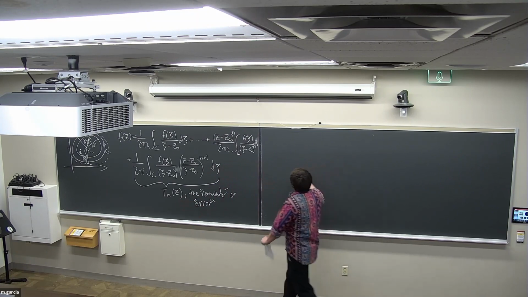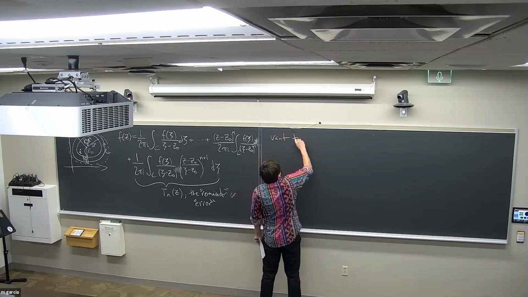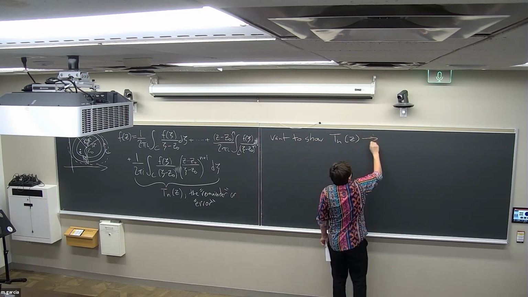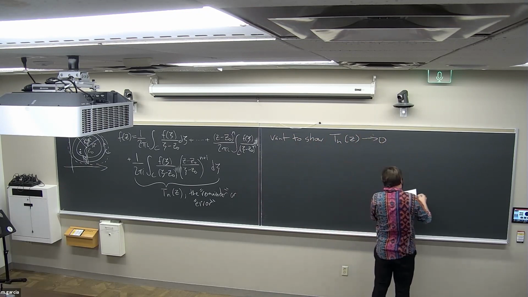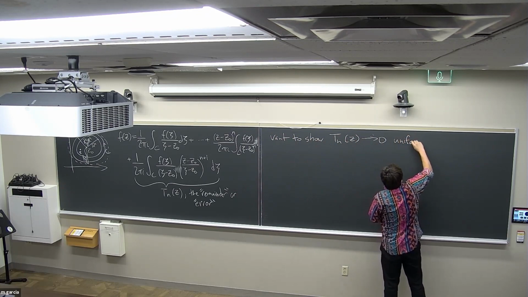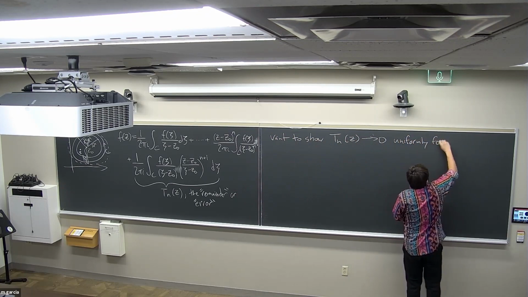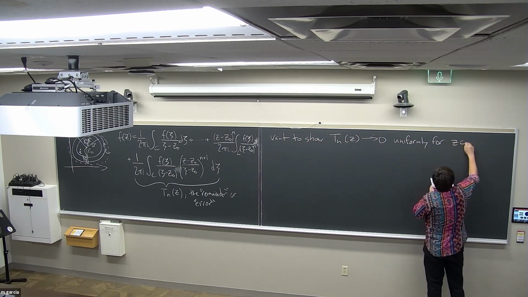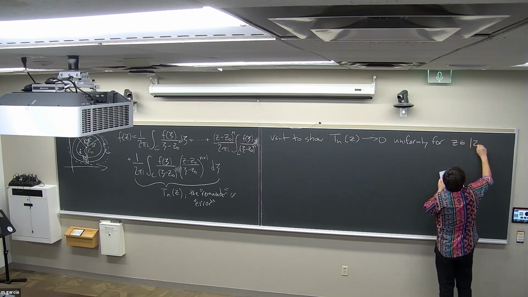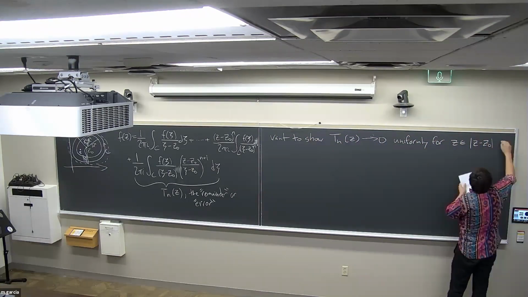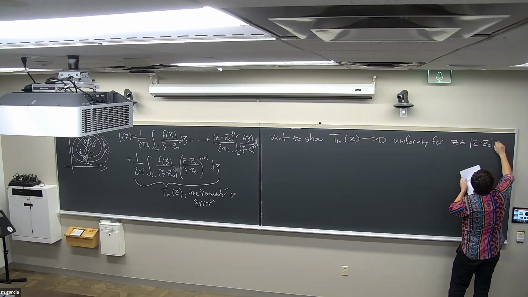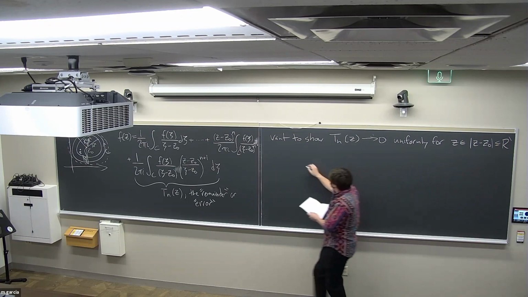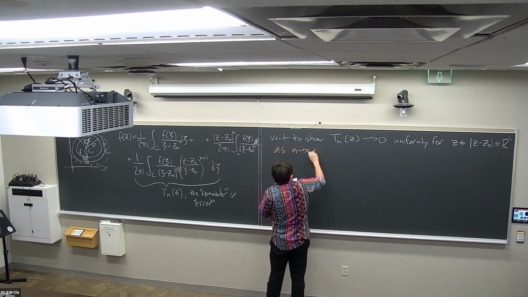Okay, so I want to show e sub n of z goes to 0 uniformly for z in the closed disk of radius r prime, as n goes to infinity. Right?